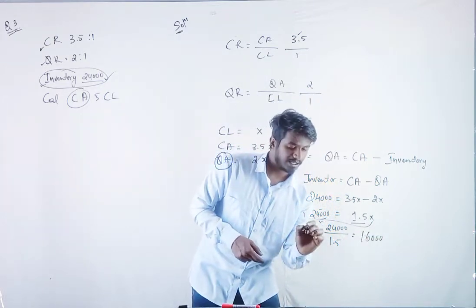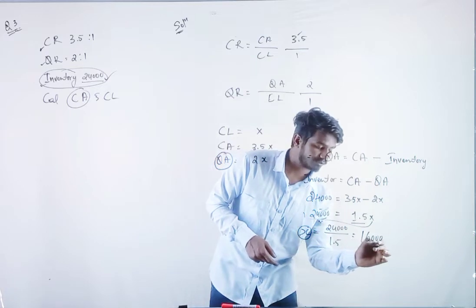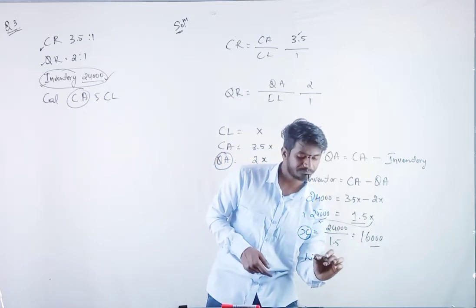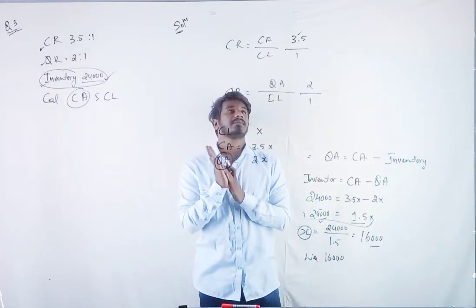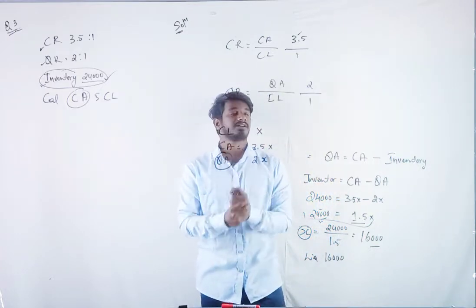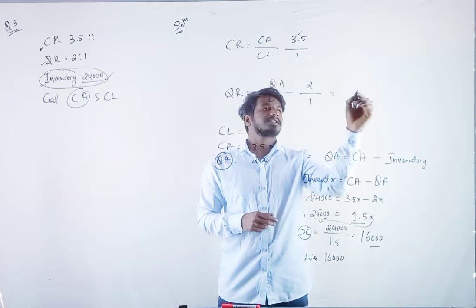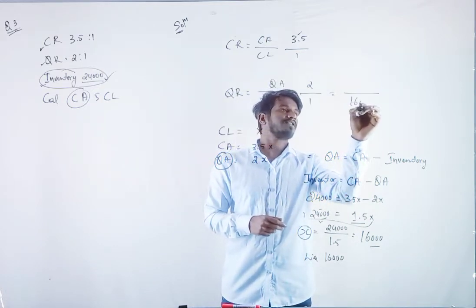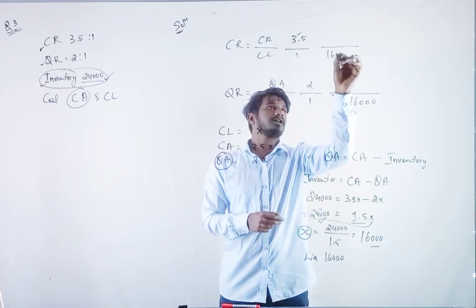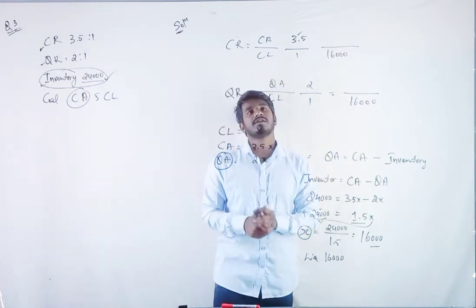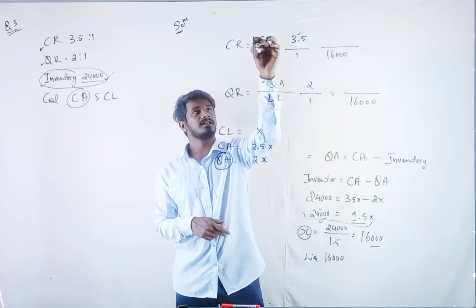So the liability is 16,000. We got the liability. Fine. So how will you calculate quick asset and current asset?